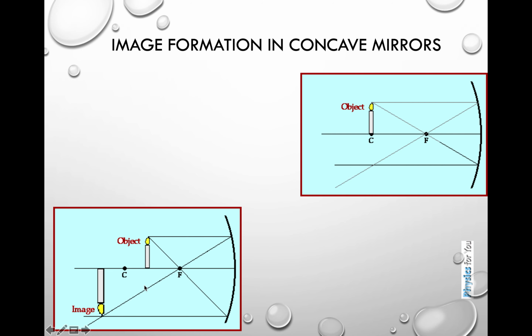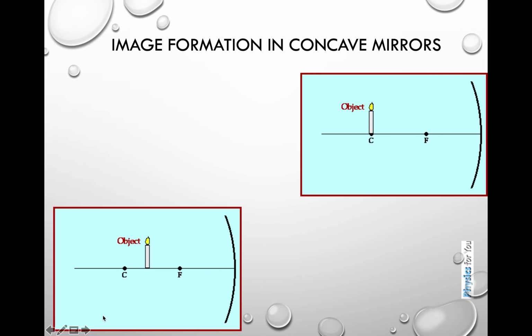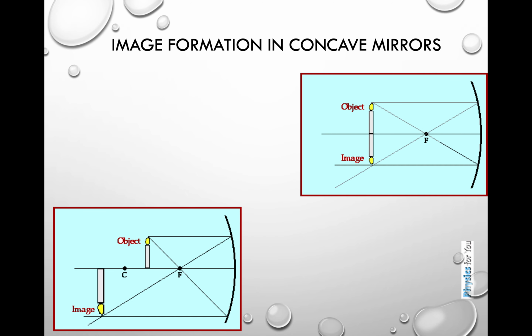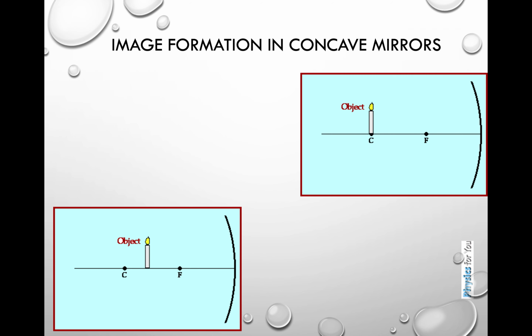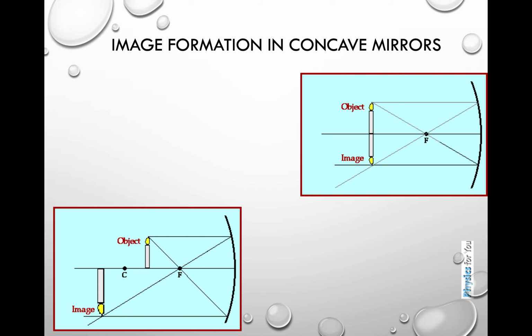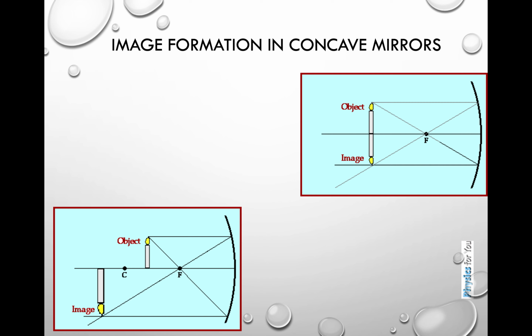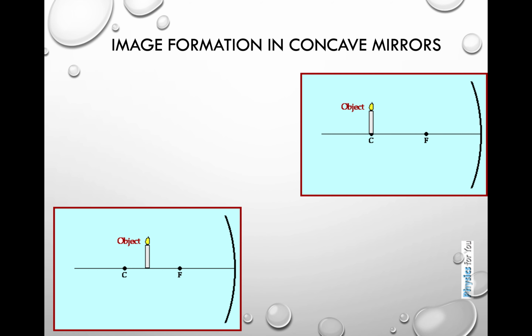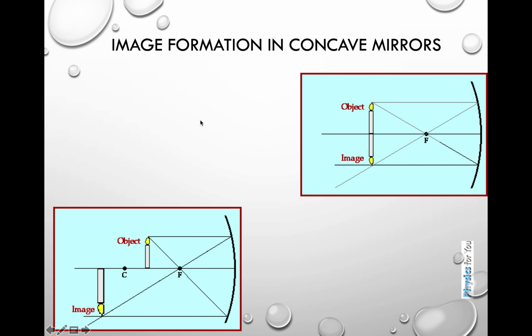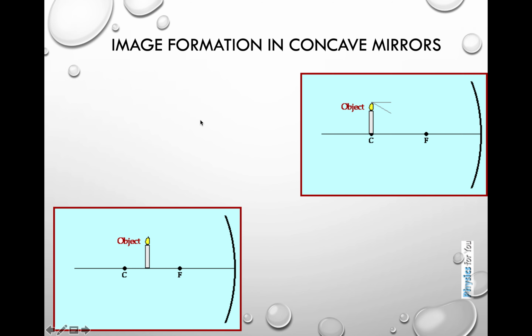So when they are reflected, they will come together and meet at a point away from the center of the curved shape. And we can say that the image, when it's formed, becomes magnified, it's larger, and it's real because it's made by the reflection of the light rays, and it will also be inverted. This is the third case.